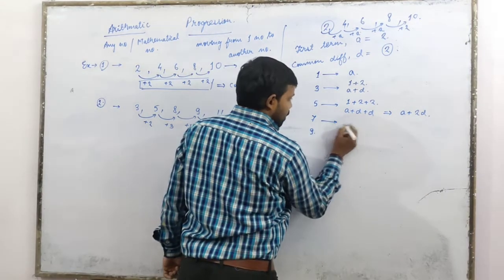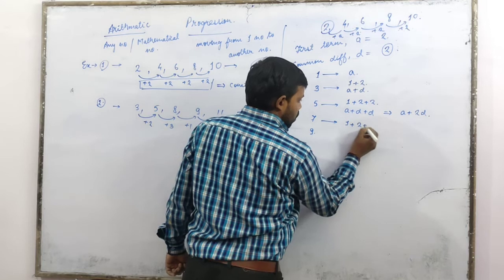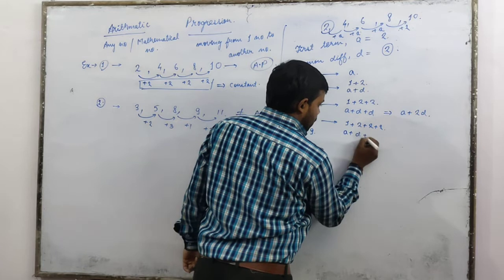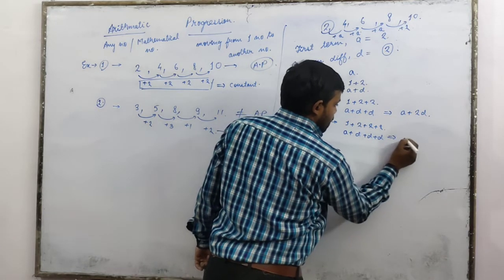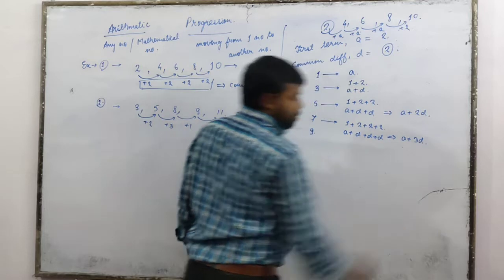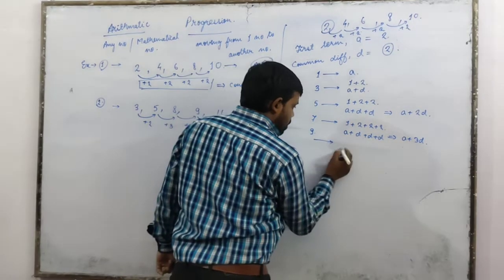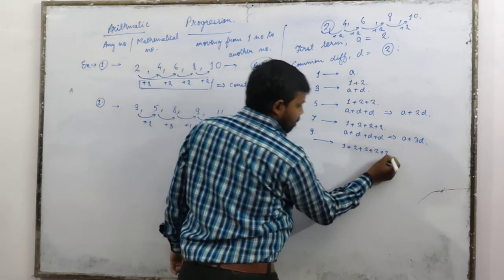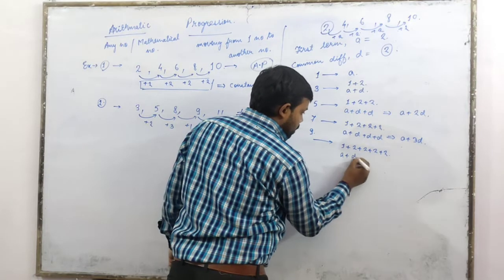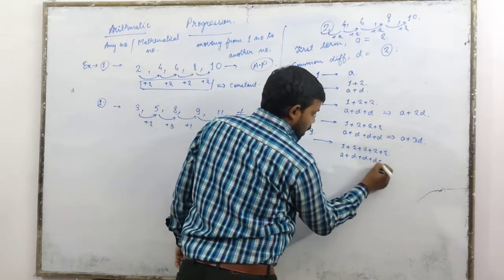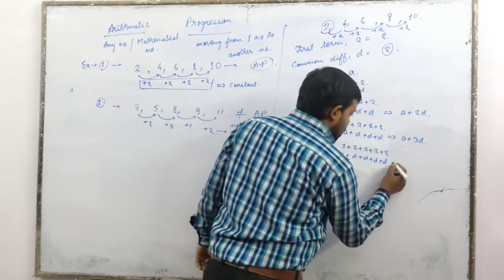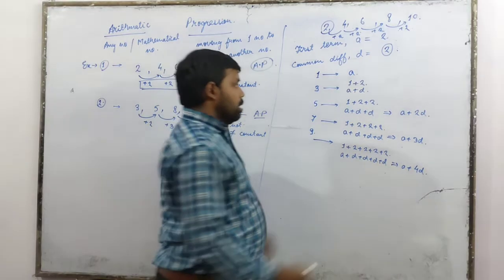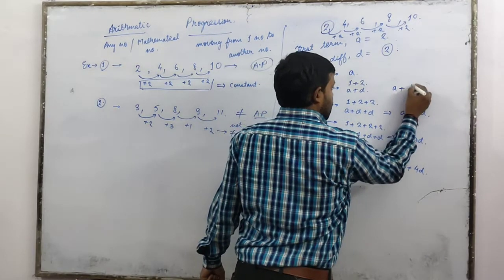This 7 can be written as 1 plus 2 plus 2 plus 2, so this is A plus D plus D plus D, which is A plus 3D in short. This 9 is 1 plus 2 plus 2 plus 2 plus 2, which can be written as A plus D plus D plus D plus D. So this is A plus 4D.